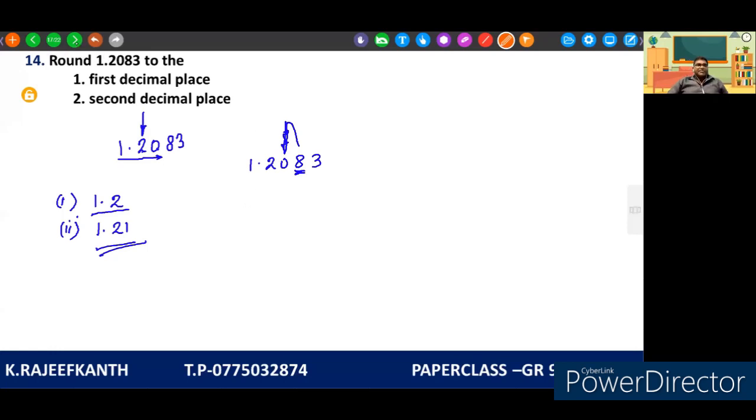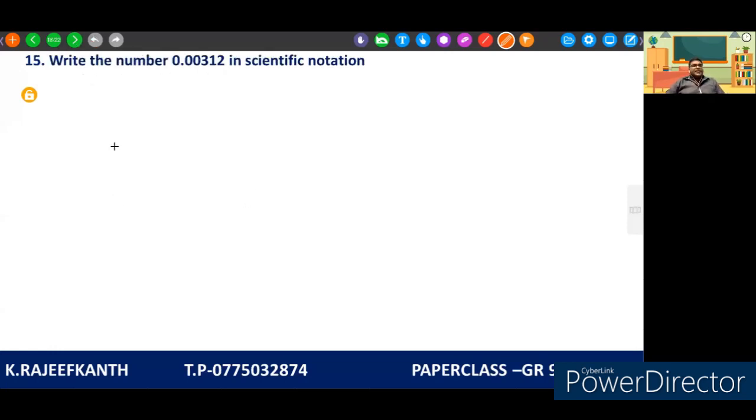Then question number 15. Write the number 0.00312 in scientific notation. So we have to write this number in scientific notation. We know that the value of this number is less than 1. Right?